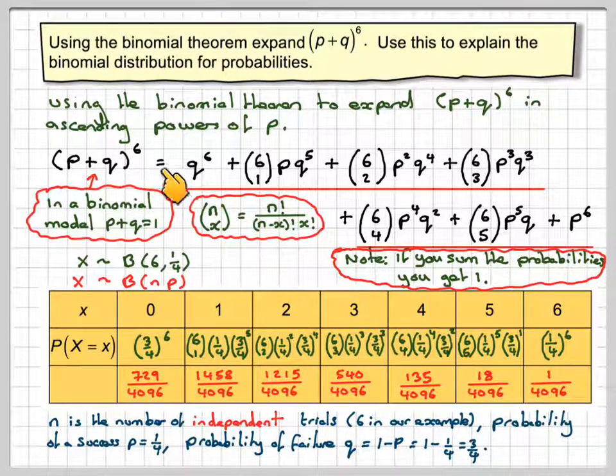Okay, so you can use this binomial theorem to come up with probabilities, provided that we have n independent trials, two outcomes, a success and a failure, with the same probability each time you do the trial. So p is a quarter and then q is 3/4 in this case.